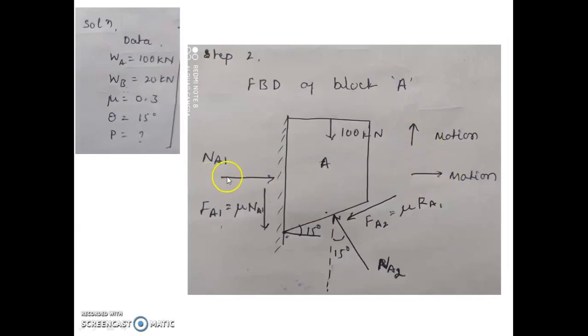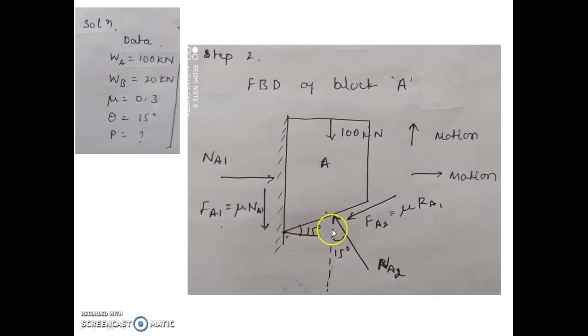So one normal reaction will be developed like this and act towards block A because this is one contact surface, and since the block is moving upward, friction force will be generated in the downward direction and act on this surface like this. And this is the inclined surface of the wedge and the body. This is also one contact surface.